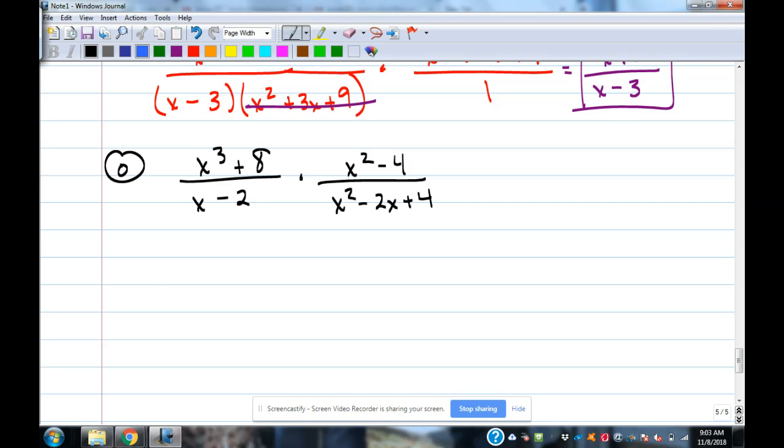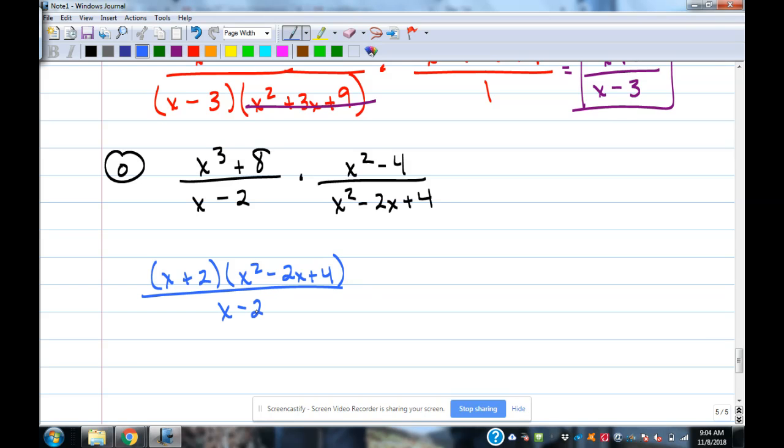Factor the top. You put a short piece and a long piece there. That must mean it's what? Something cubed, right? 8 is what cubed? 2 cubed. So we got x plus 2 times x squared minus 2x plus 4.